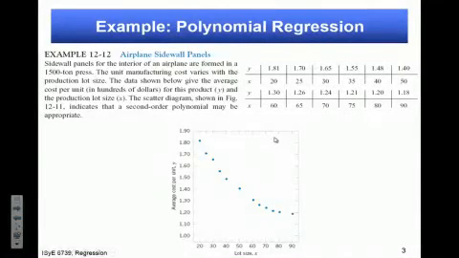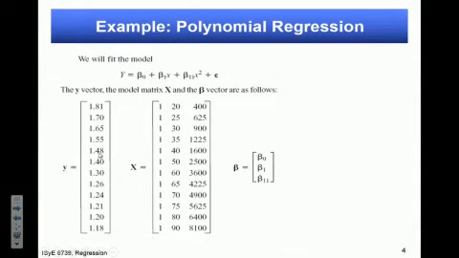Here is one example. Let's say we have one variable, y and x. These are the pairs of variables that we have. So this is y, and these are the x's. We want to fit a quadratic model. So the first column is 1, the second column is linear, and the third column is the squared part of x, which is the quadratic part.